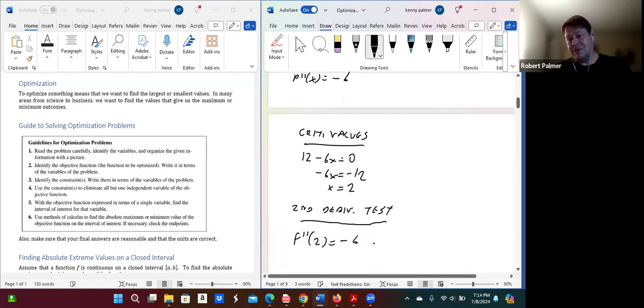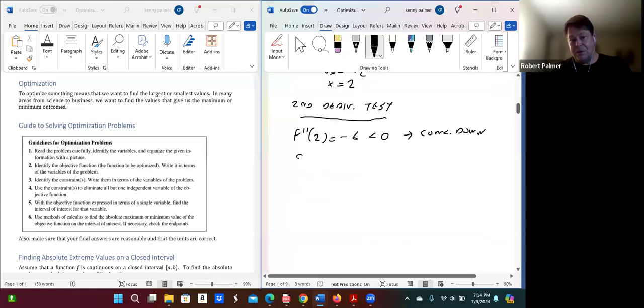This is negative 6, which of course is less than 0. This tells us the function there is concave down, opens down. And what that tells us is that we have a local maximum at x equals 2.